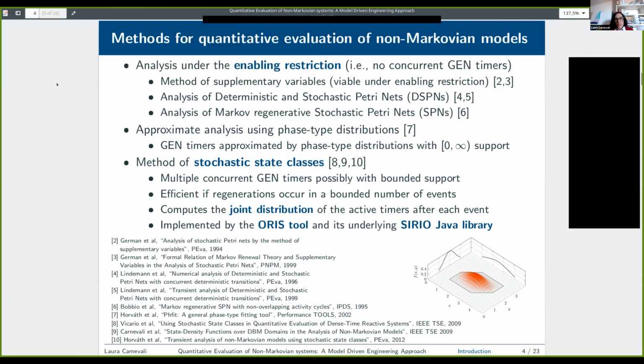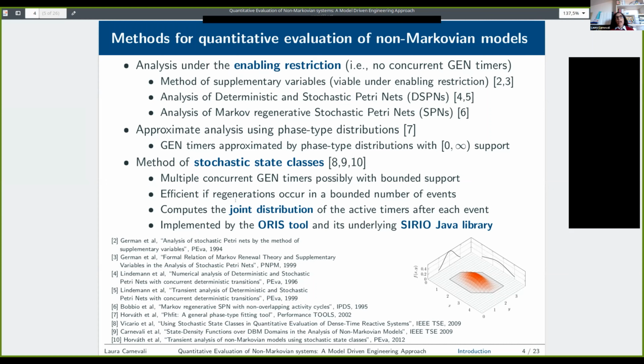And then the most recent approach is the method of stochastic state classes, which has been developed in the last 10-15 years by our research group. This approach addresses the analysis of models where multiple concurrent general transitions can be enabled in the same state, and possibly they have bounded support.